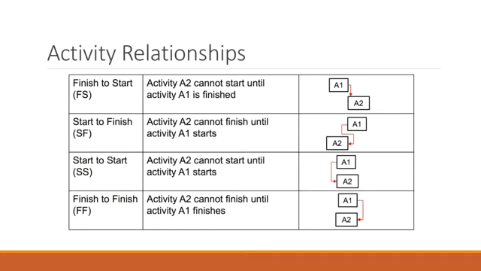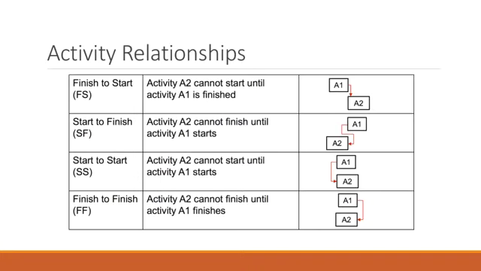Again, this might seem a little abstract and conceptual, but it's really important to understand the relationship among the different tasks that you have identified. Remember that the first step was identifying the tasks. And after you identify the tasks or the activities, notice that I'm using those two terms interchangeably, you need to define and understand the relationships between them.